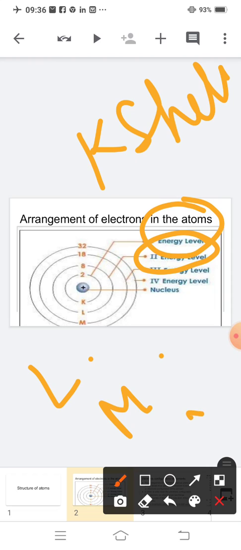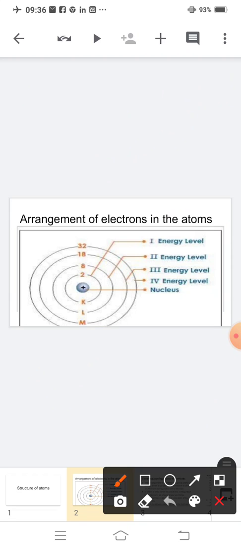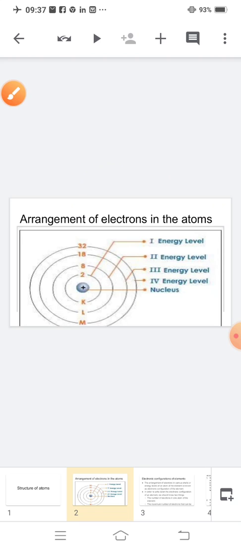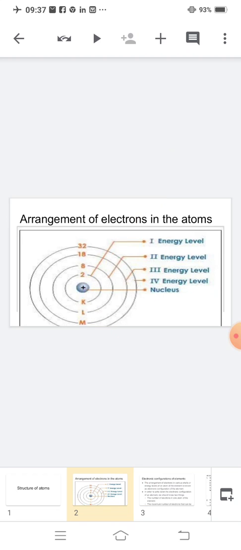And fourth is N shell, and so on. Clear? See, this is the energy level of electron shells in the atom. Here is the nucleus. After that, first energy shell K, second L, third M, and fourth N. Is this clear?